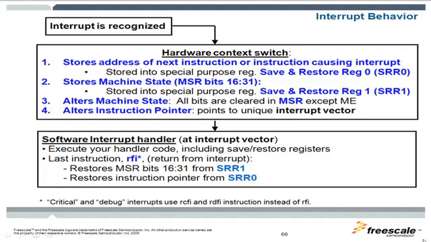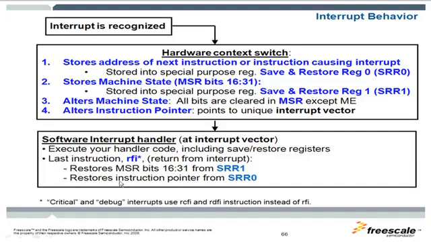Enable all interrupts. Well, you enable all interrupts, but if another interrupt comes along, it will write to SRR0 and write to SRR1. So what you want to save is SRR0 and SRR1 before you re-enable interrupts. Otherwise, your previous machine state will be overwritten. So that's the first thing you do.